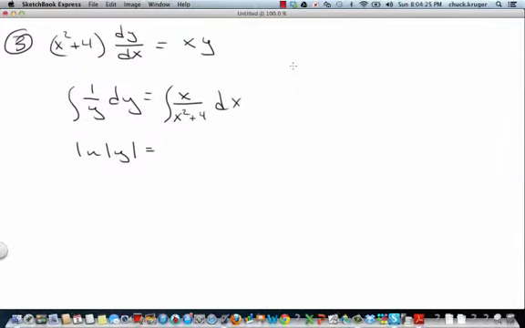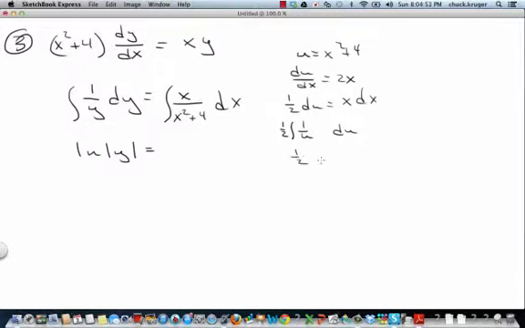And for the right side, I'm going to let u equal x squared plus 4. du/dx is going to equal 2x. That means 1/2 du equals x dx. So this is the same as integrating, here's my half, here's my du, my x dx is gone, and it's 1 over u.